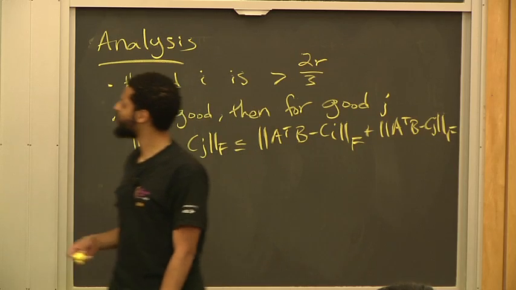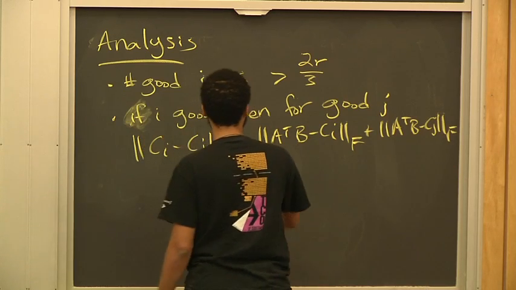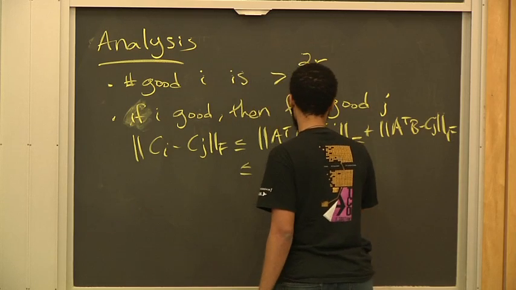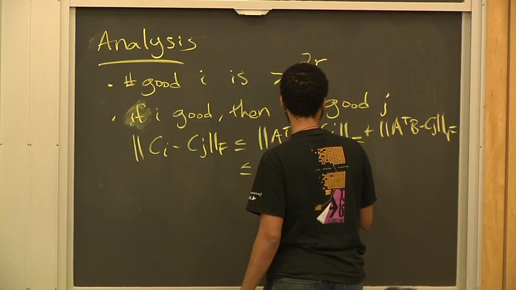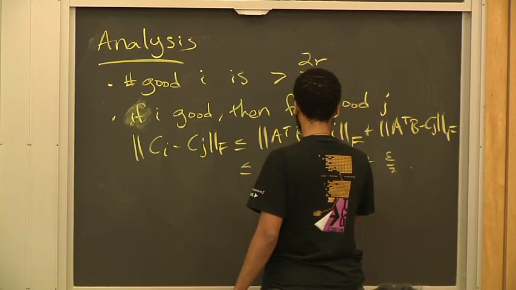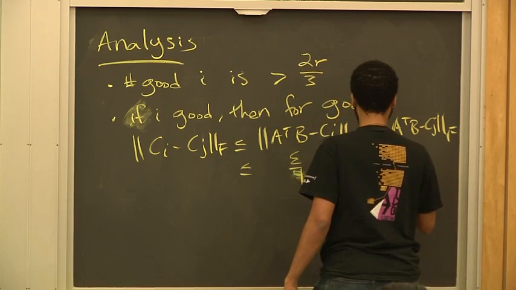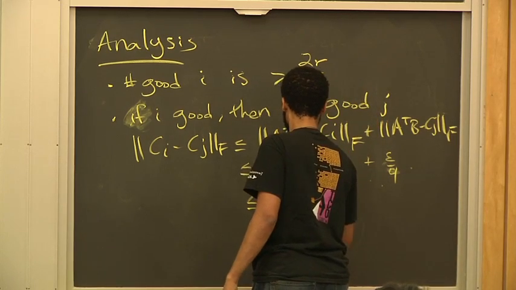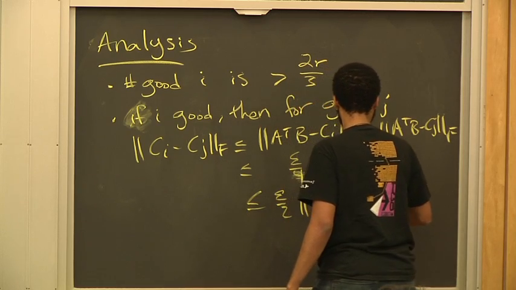Did I really need epsilon over 4? Maybe I could have gotten away with epsilon over 2. But anyway, this is at most epsilon over 2 times whatever plus epsilon over 2 times whatever. So that's at most epsilon over 2 times Frobenius A times Frobenius B.